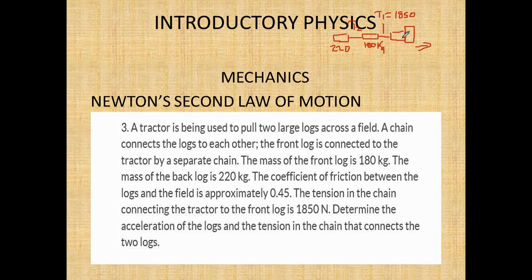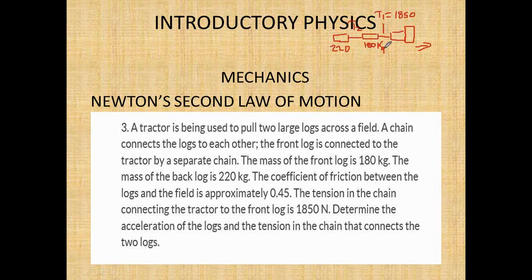The force moving to the left is the tension pulling on the tractor trailer, and T2 pulling this log to the left. Also, because the motion is to the right, the frictional force is going to be to the left.